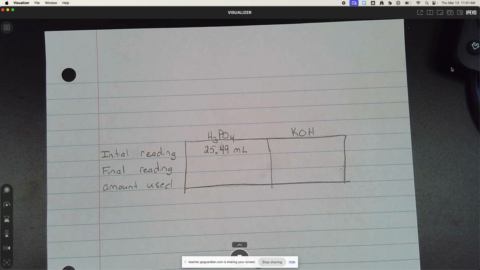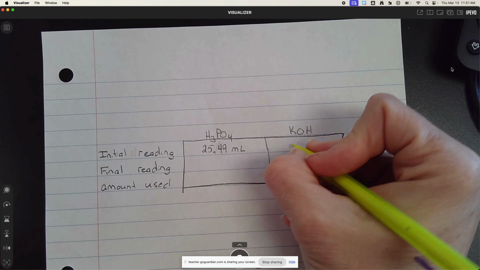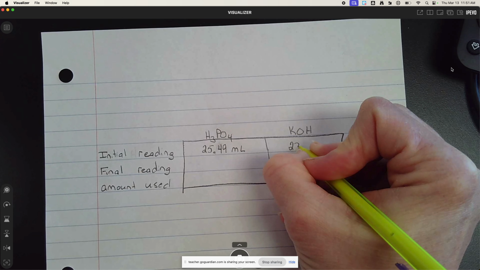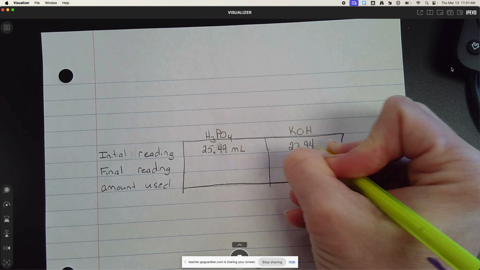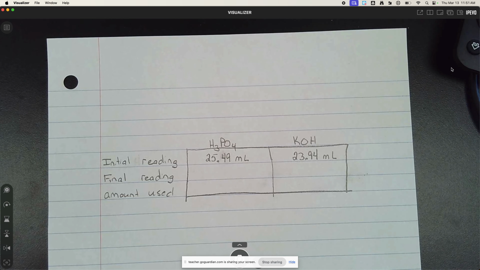And my potassium hydroxide .94. So there's my start point.